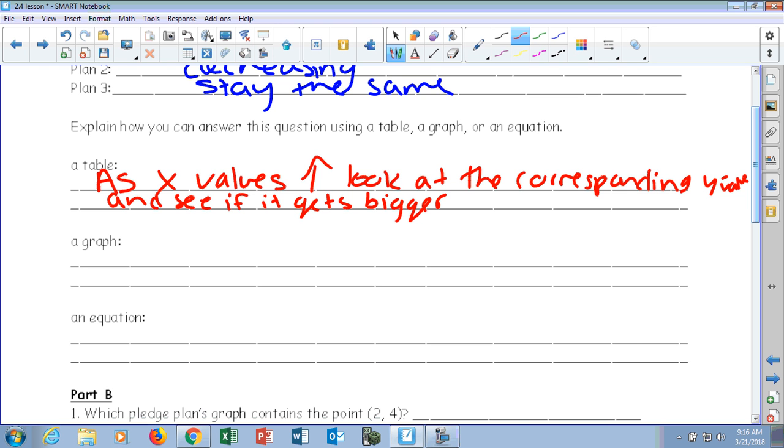If it gets bigger, which we said it did, it went from negative 28 all the way to a positive 22, then it's increasing. If it's staying the same, then the number's staying the same. If it's getting smaller, then it's decreasing.